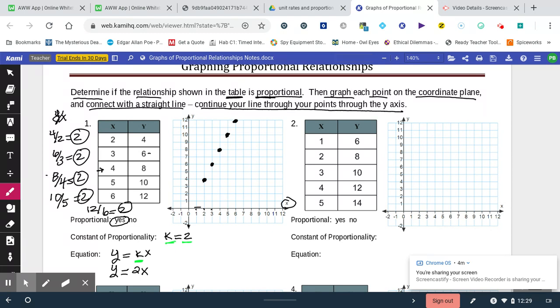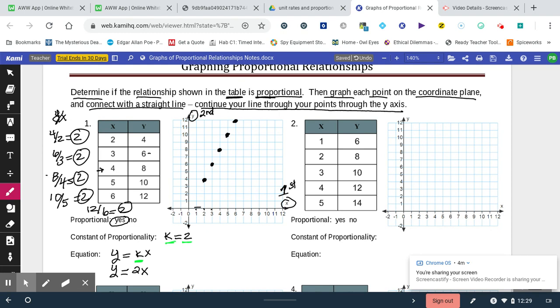It's not y before x, it's x before y when you plot a point. So make sure you start off with your x value first, then your y value is second. Again, it's the opposite of the unit rate or the constant of proportionality.